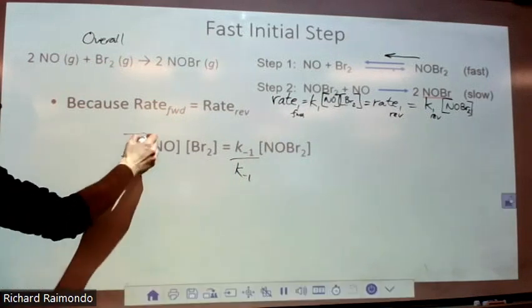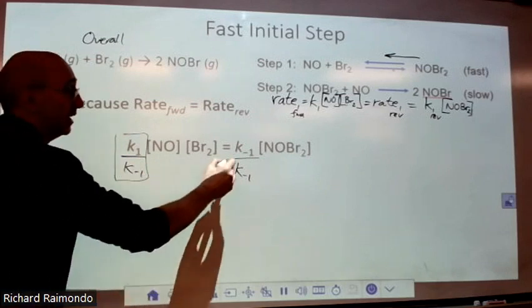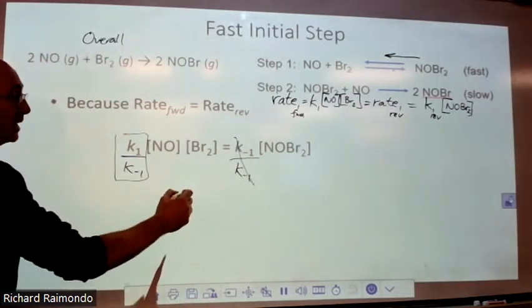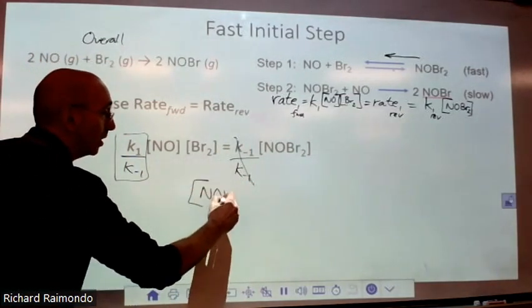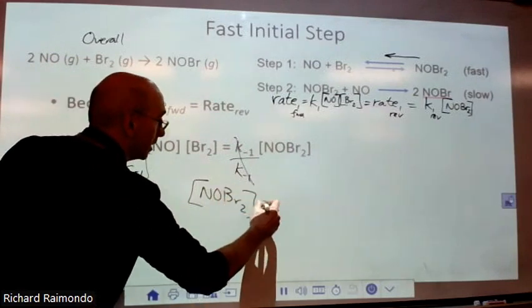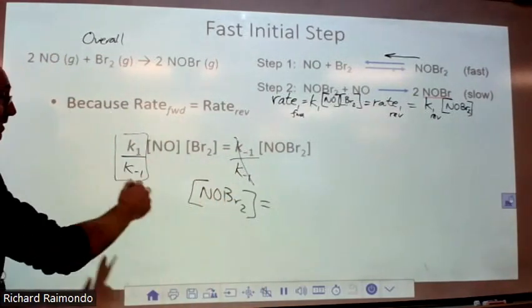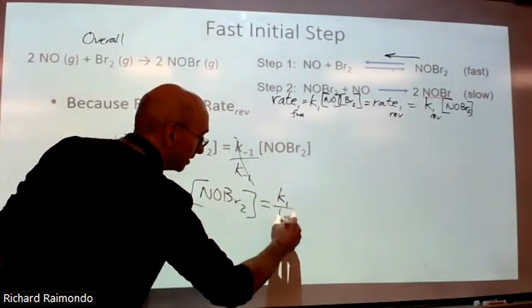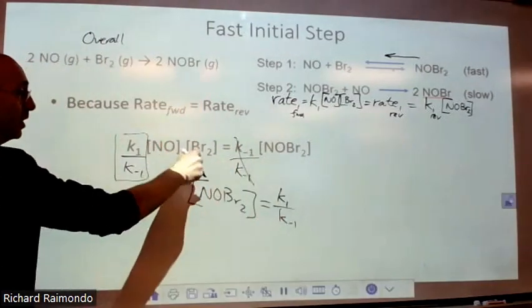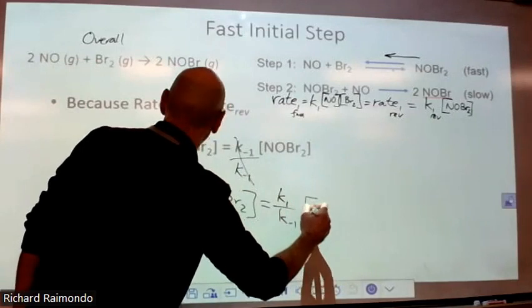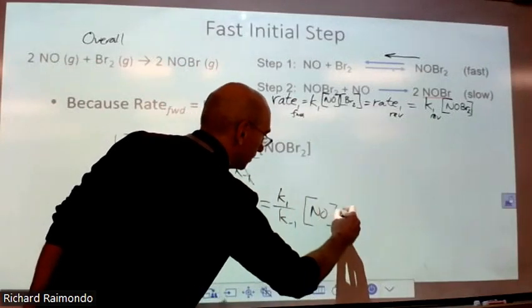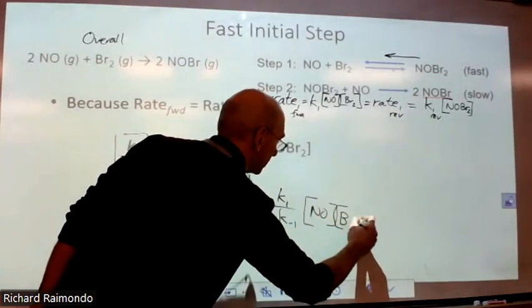So basically we're coming up with a brand new constant, getting rid of this, and saying that the concentration of NOBr2 equals some new constant times these, Br2.